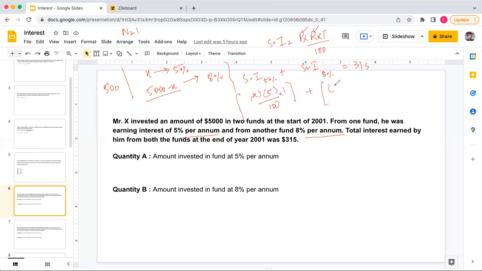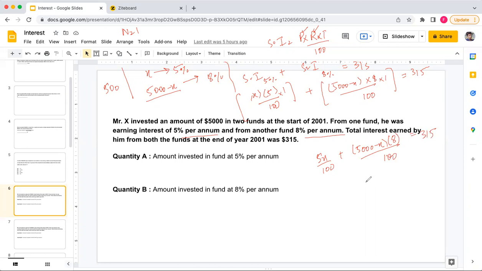That is 5,000 minus X into 8% multiply by 1, the time period, is equal to 315. So this will be 5x over 100 plus 5,000 minus x into 8 over 100 is equal to 315.